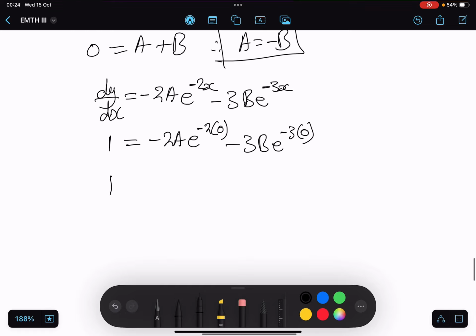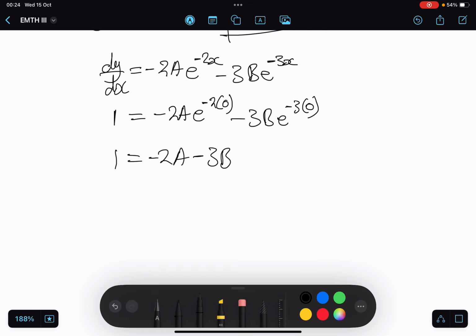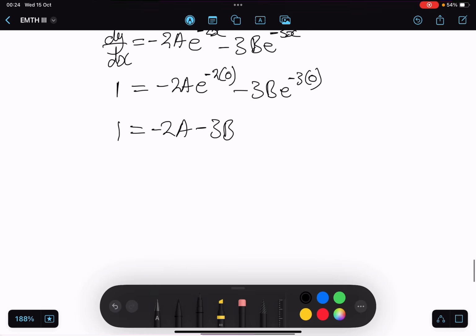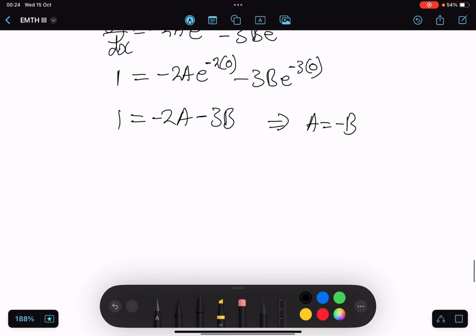If you simplify, we have 1 = -2a - 3b. Since a = -b, where there is a we substitute -b, so 1 = 2b - 3b.